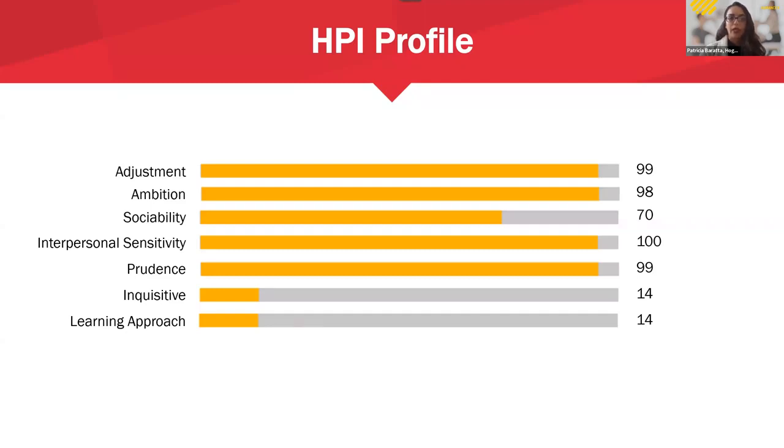So that high prudence, high adjustment. We also see a connection with the inquisitive and learning approach, and not a connection per se, but it gives us some insight into potential development for her, because she needs to move towards being more strategic, but we see a strong doer profile right now, someone who's more operational, more hands-on.